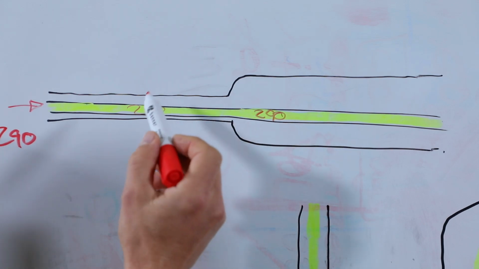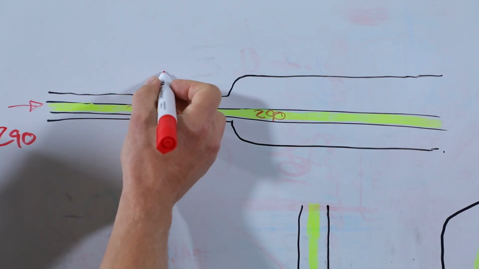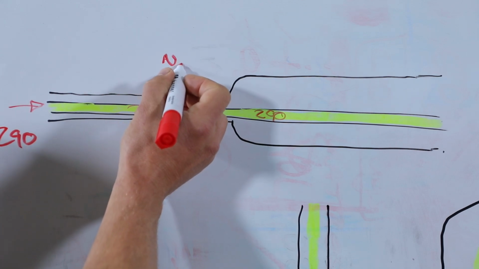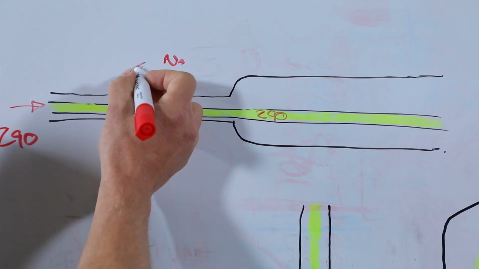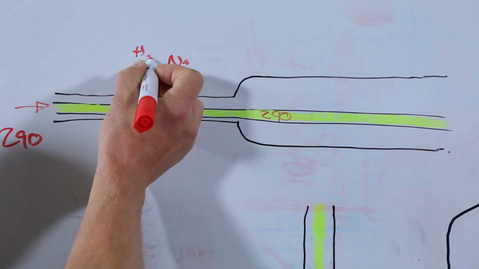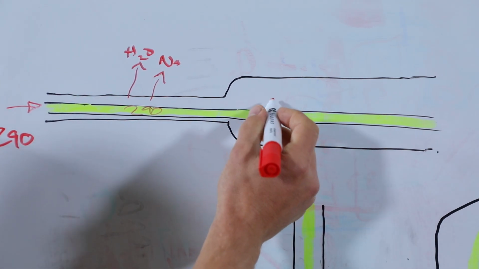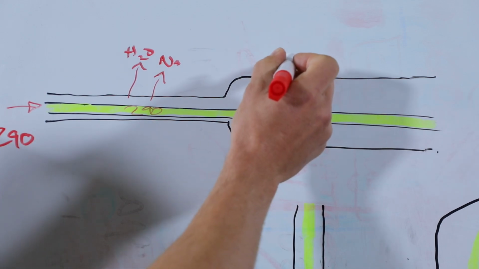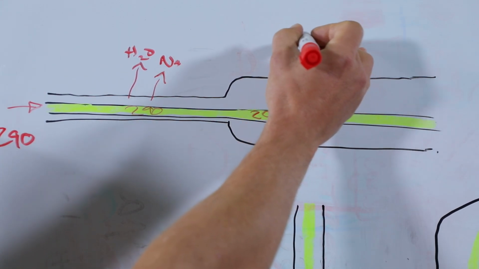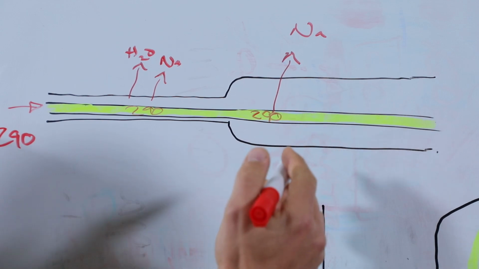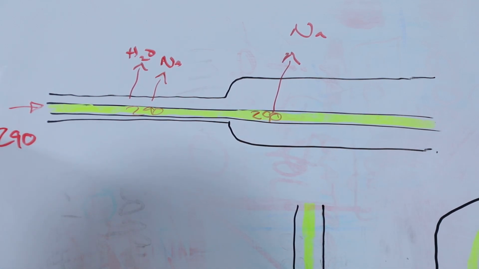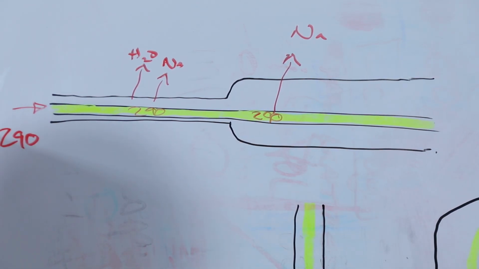So if we were to pump sodium out at this point, we would pump sodium out, but water would follow because it's permeable to water. But if we got to here and we pump sodium out, because it's thick and impermeable to water, water can't pass. So there'd be no water leaving through here.